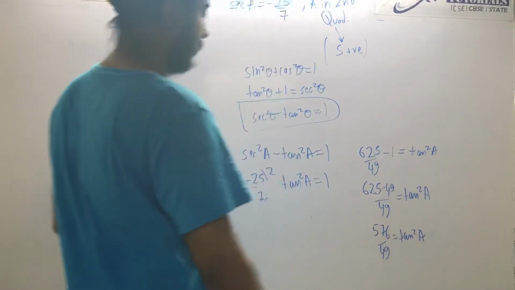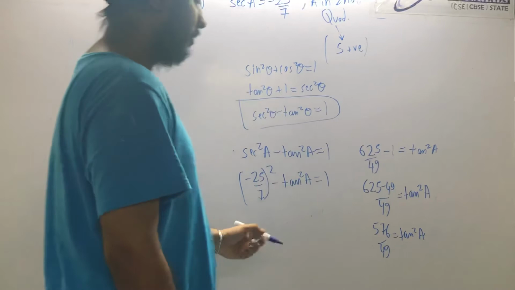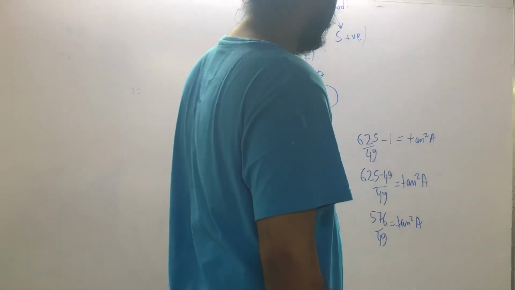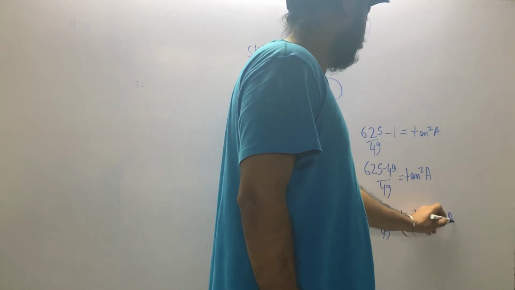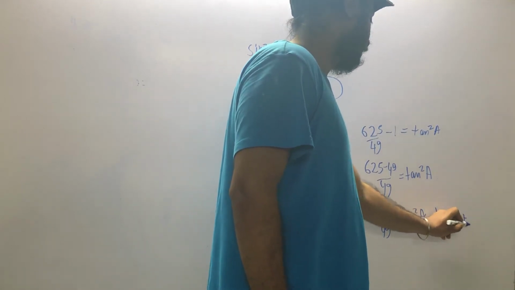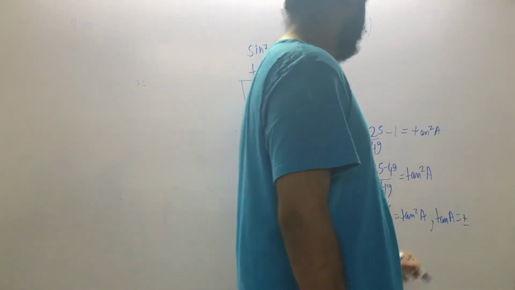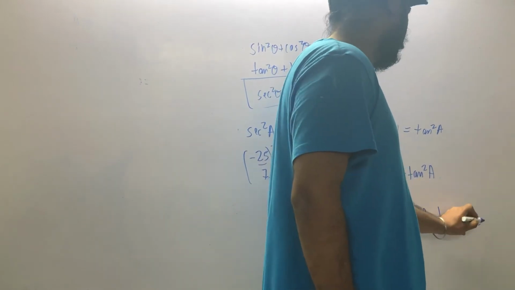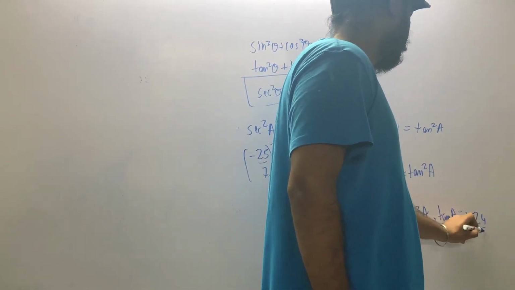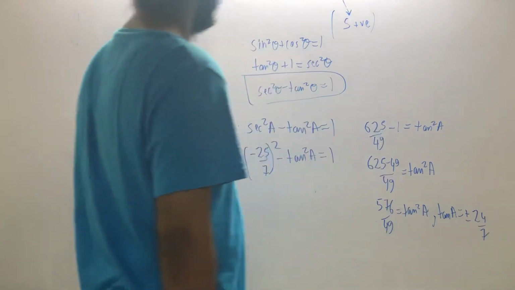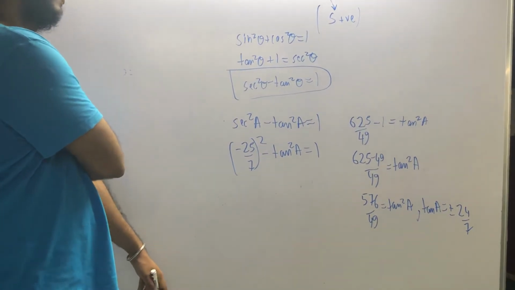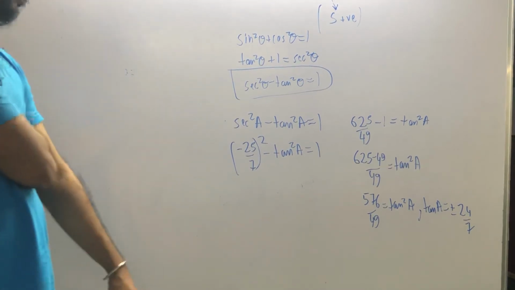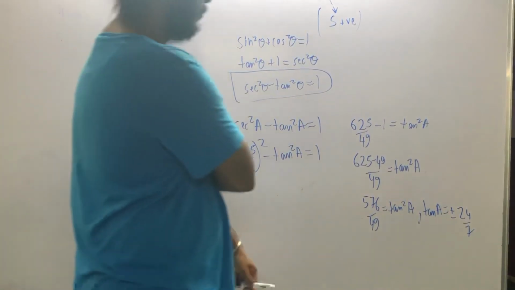What will be tan? Tan will be plus minus 24 upon 7. Now see what I am going to tell you.